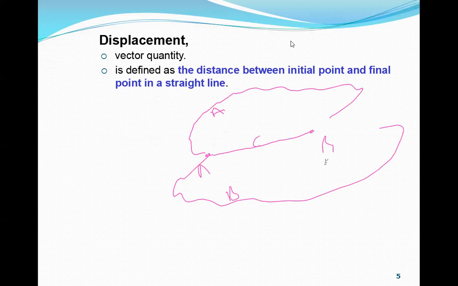If we have path A, path B, and path C, some teachers say that the C path is the displacement. Okay, I totally agree with this. But if I have the same situation, but only one way, for example, from A I have only this C path, and there is no other path to come from A to B. So what is the distance here and what is the displacement here?